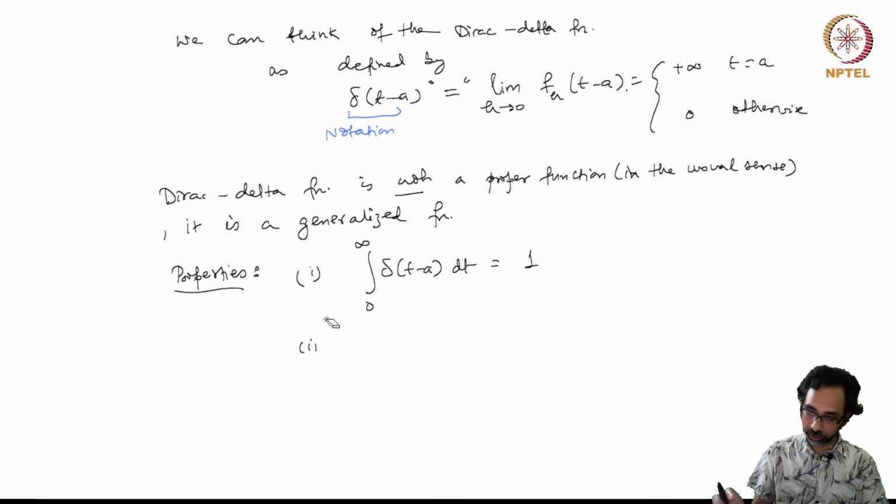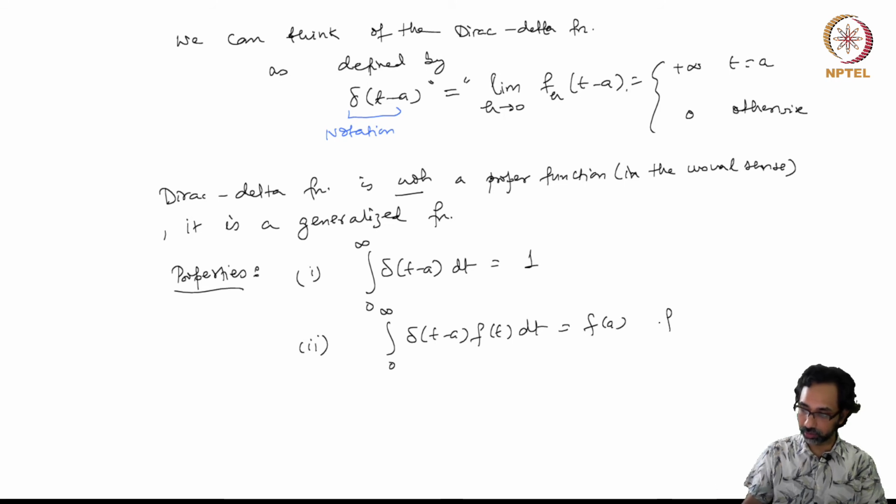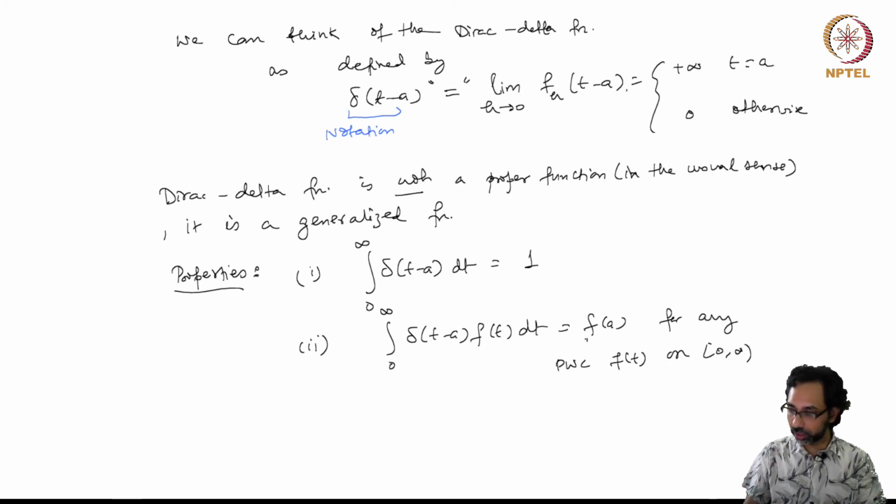The second property is that the integral from 0 to infinity of delta(t minus a) f(t) dt equals f(a) for any piecewise continuous function f(t) on 0 to infinity. So it only gives you the value f(a).